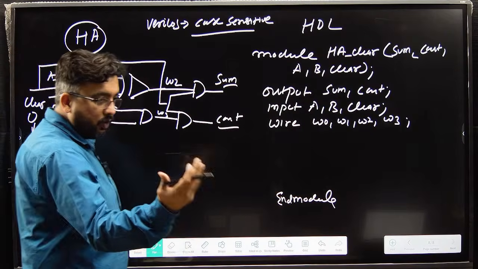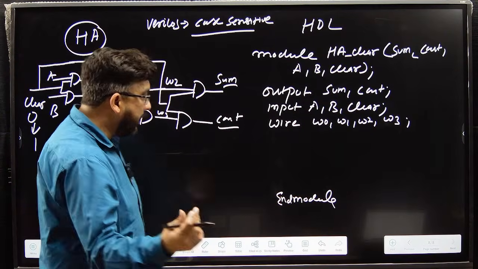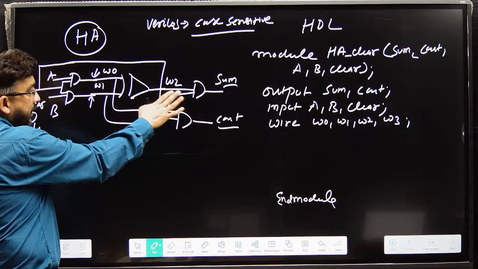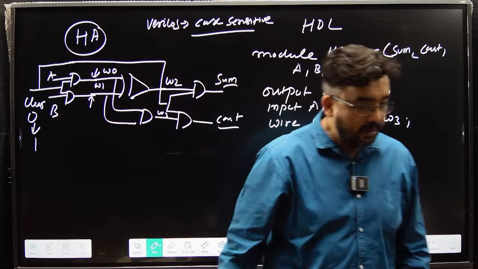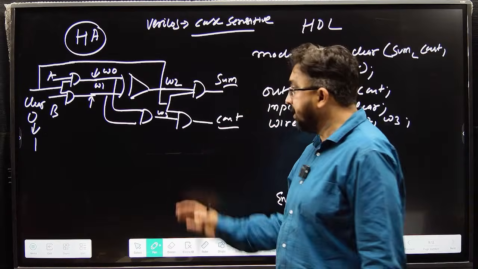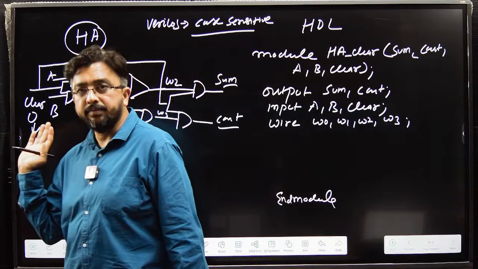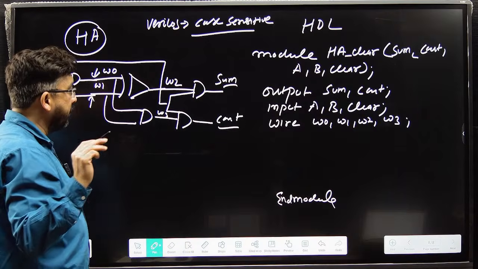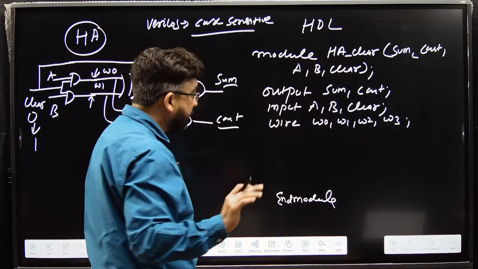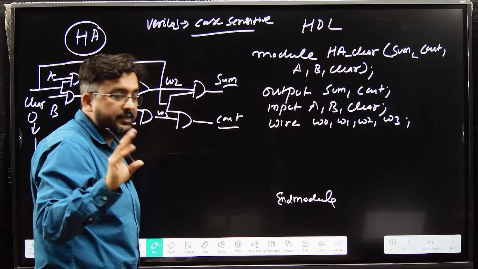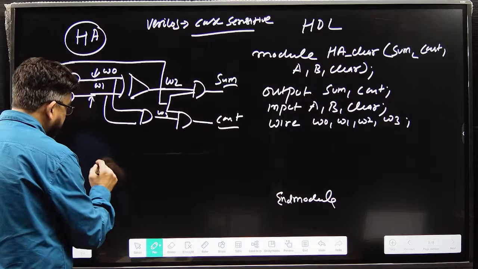Now you have to call the components. As I mentioned, these are the gate level components. Basically, these are the libraries which are available here. So I will call these libraries one by one. What is the syntax of calling any library?